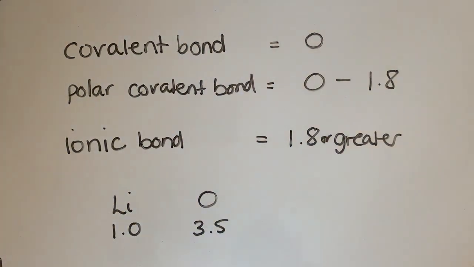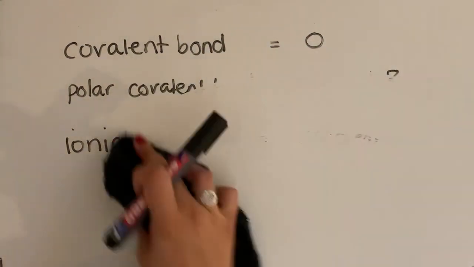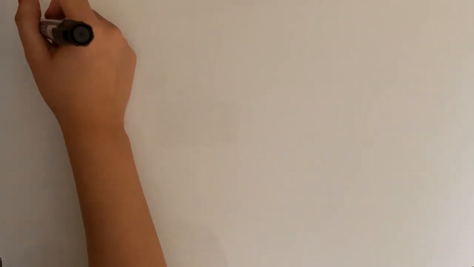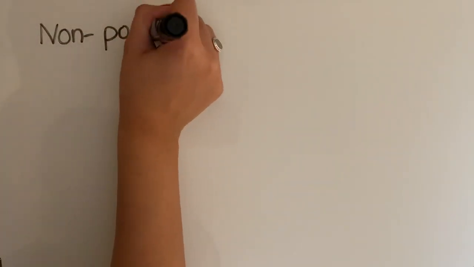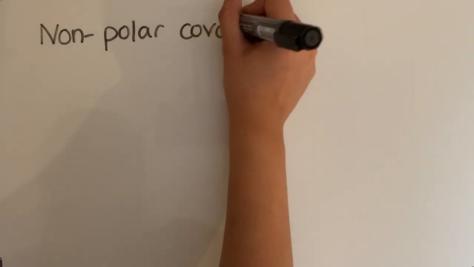Okay, let's now have a look at what we mean by polar and non-polar bonds. Let's firstly start off by looking at a non-polar covalent bond.